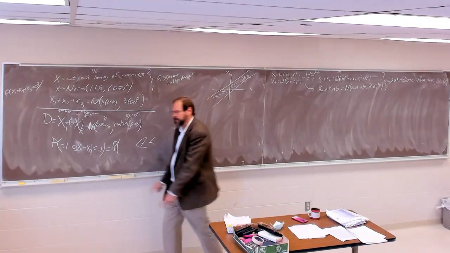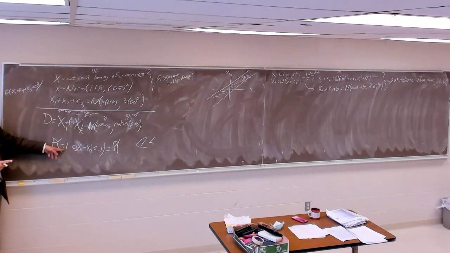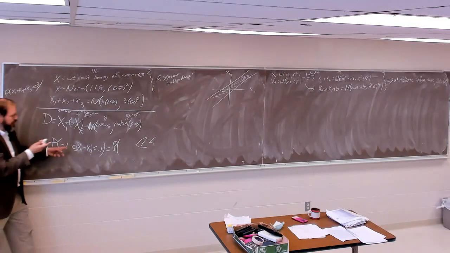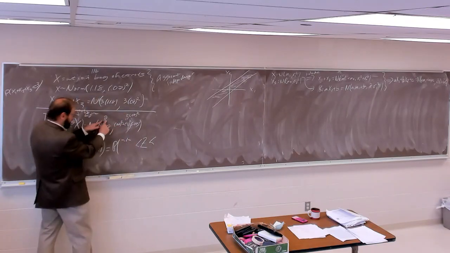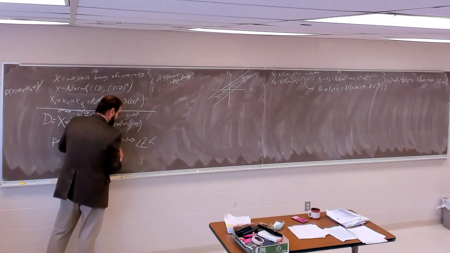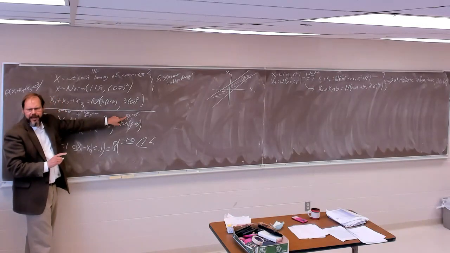I could get z-scores for my two endpoints. How do I do that? I subtract off the mean, the mu, and I divide by the sigma. So I have negative 0.1 minus 0, divided by, what would I end up dividing by?